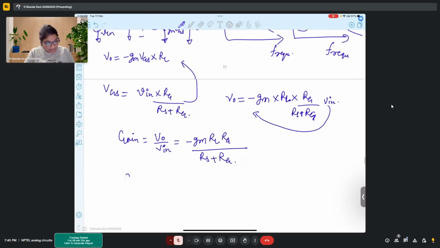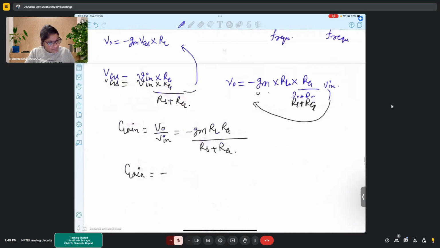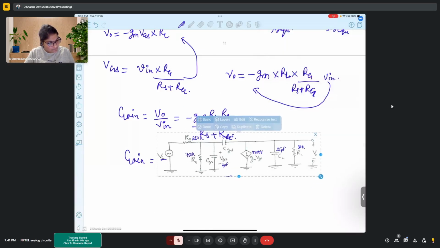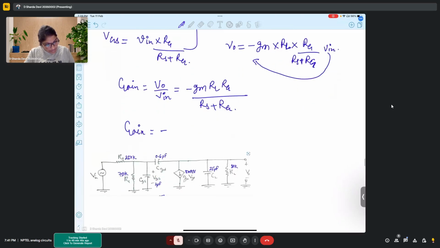I can calculate my gain by substituting all the values which were already given. Minus Gm was 8 milliampere per volt, RL is 10K, Rg is 750K, divided by Rs plus Rg, which is 250K plus 750K, that is 1000K.